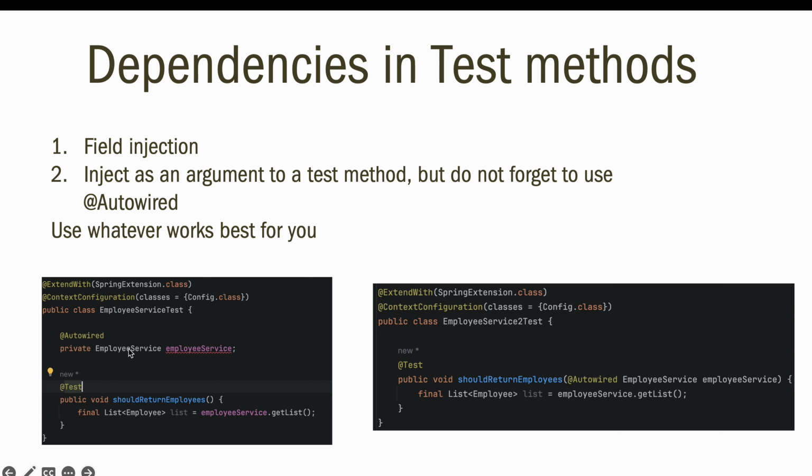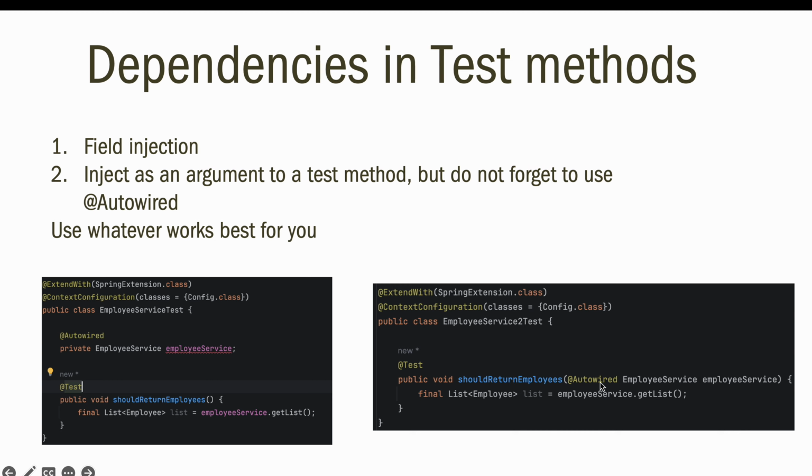As you can see here, I'm autowiring an employee service as a field. But let's assume that you had many methods in this test class, and only one of the test methods uses this employee service. You are still allowed to pass your dependency as an argument to the test method.